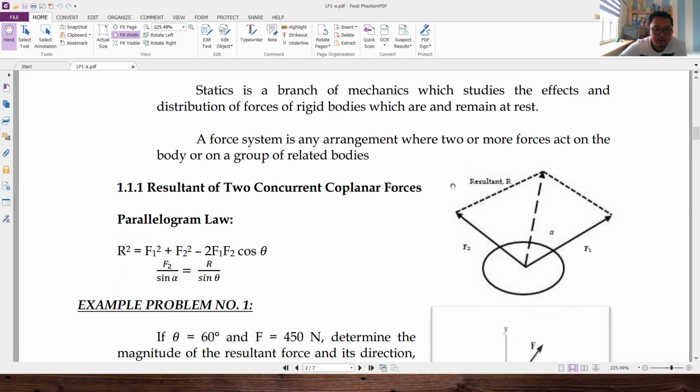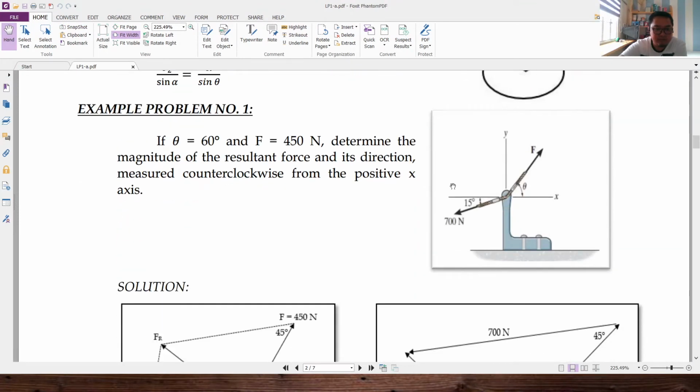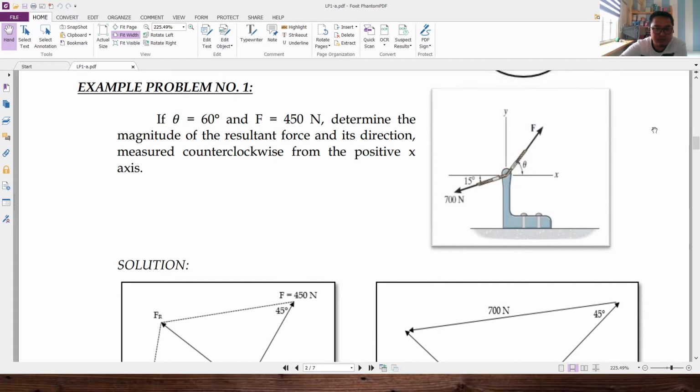Okay, so we have here sample problem number one. I will show you how to solve this using what we used to do, the method of components.